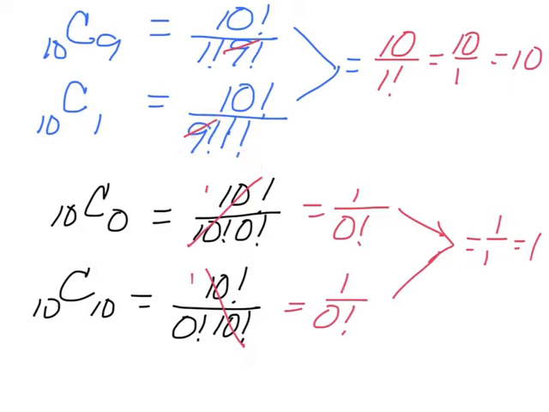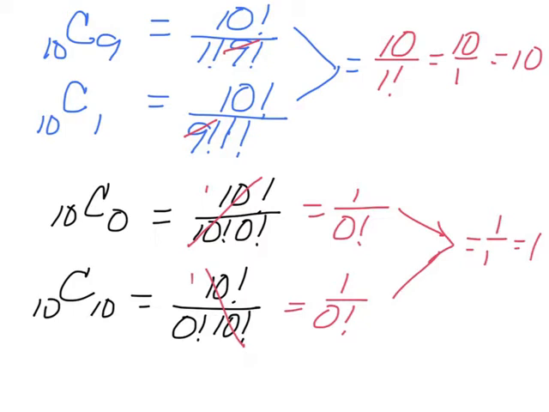So the 9 factorials will completely cancel with the 9, 8, 7, 6, 5, 4, 3, 2, 1 and the 10 factorial. So we are just left with 10 over 1 factorial in both cases, which is 10 over 1, or 10. So this is kind of not a shortcut, but a different way to write out an individual number. Write it as 1 less, or the combination of the number choose only 1.